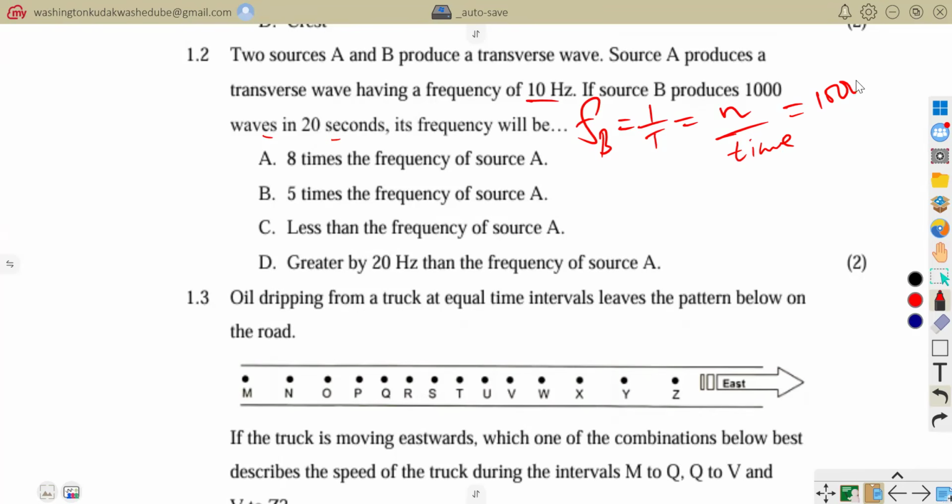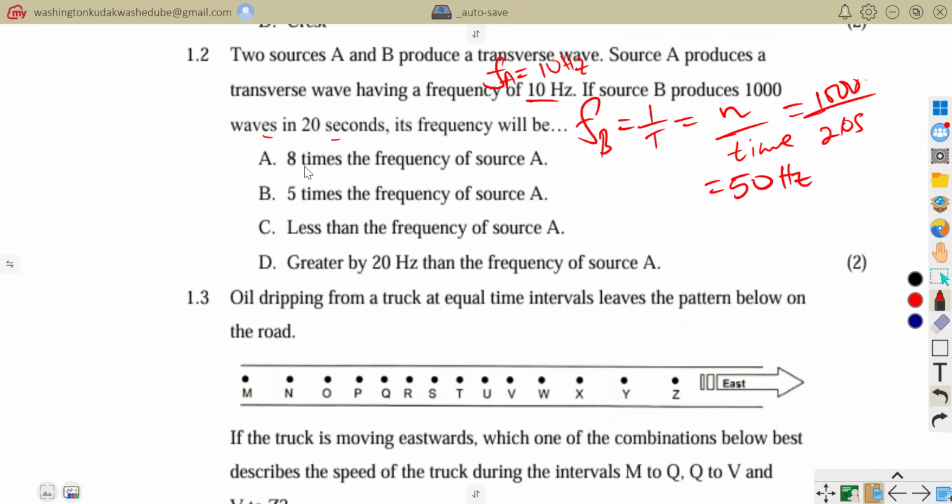So here we've got 1000 waves completed in 20 seconds. If you divide 1000 by 20, you are going to get 50. So this is 50 waves completed in 1 second, which corresponds to 50 Hertz. So the frequency of source A is 10 Hertz, whilst the frequency of source B would be 50 Hertz.